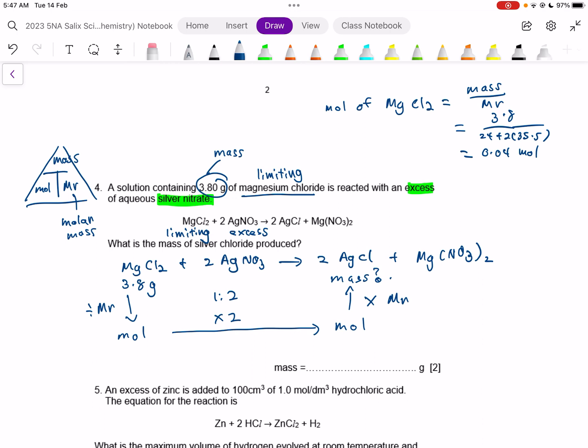Limiting in this case is MgCl2, so you use the mole ratio between limiting and the product. This part, always take note: use the mole ratio between limiting and your product.